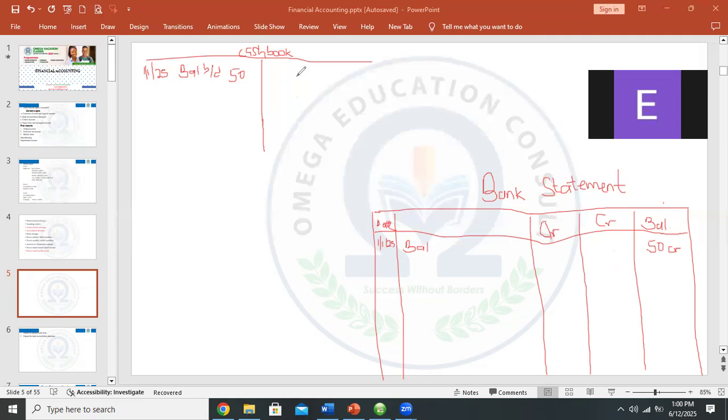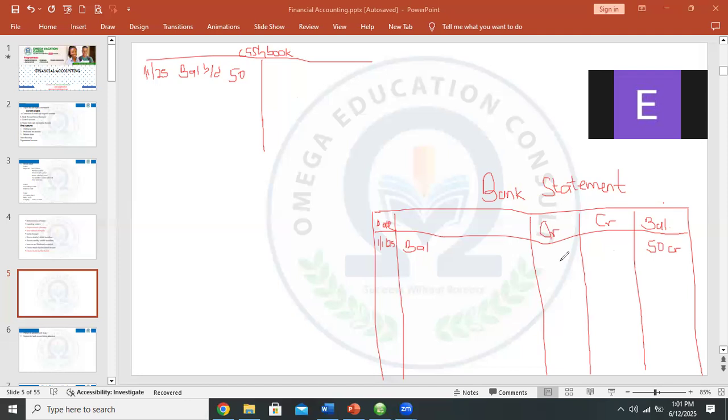A credit balance. And that is what we all know to be called an overdraft, a bank overdraft. So please listen and take notes carefully. A bank overdraft is seen when the cash book is showing a credit balance and the bank statement is showing what? A debit balance.